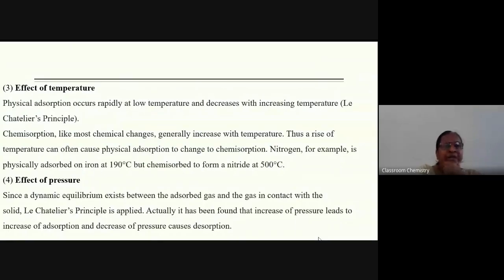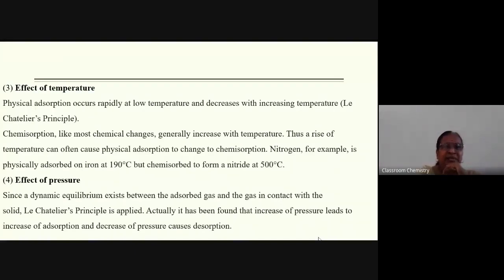What is the effect of temperature? Physical adsorption मध्ये मी सांगितलं की adsorbate molecules are held on the surface of adsorbent by weak van der Waals forces and it occurs rapidly at low temperature, decreases with increasing temperature.